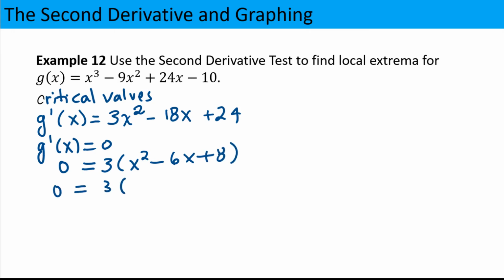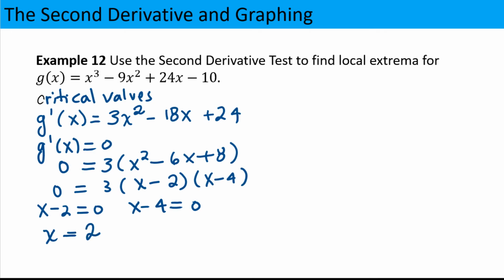Continuing to factor, I could do x minus 2, x minus 4, setting each of the two factors with variables equal to 0. x minus 2 equals 0, x minus 4 equals 0. I get a critical value at x equals 2, and another critical value at x equals 4.